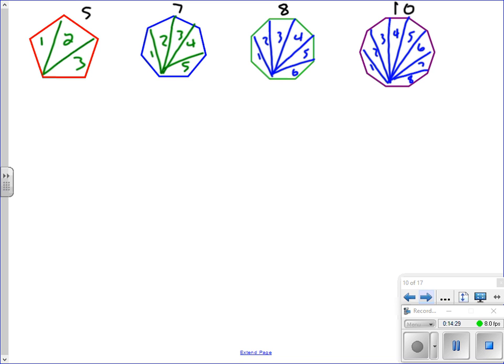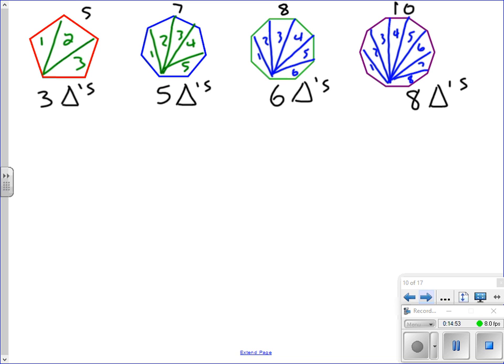5 sides, you can make 3 triangles. 7 sides, you could make 5 triangles. 8 sides, you could make 6 triangles. And 10 sides, you could make 8 triangles. And remember that each triangle is 180 degrees.